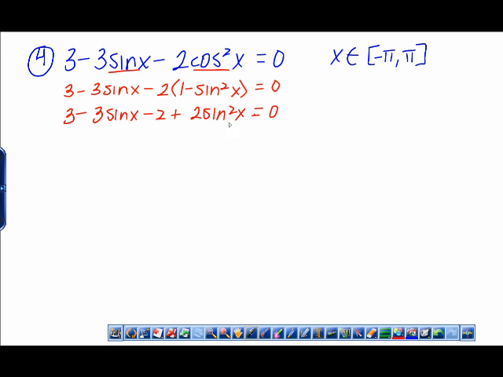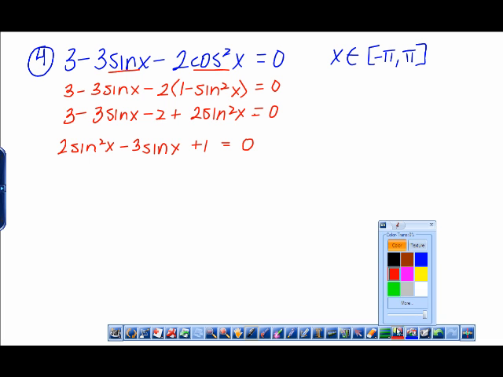And I'm actually going to rewrite this where the sine squared is first, then just the sine term, and then 3 minus 2 is 1. And let me clean this up just a little bit, make sure that everybody can read what all this is. That's a 3 and that's a sine.